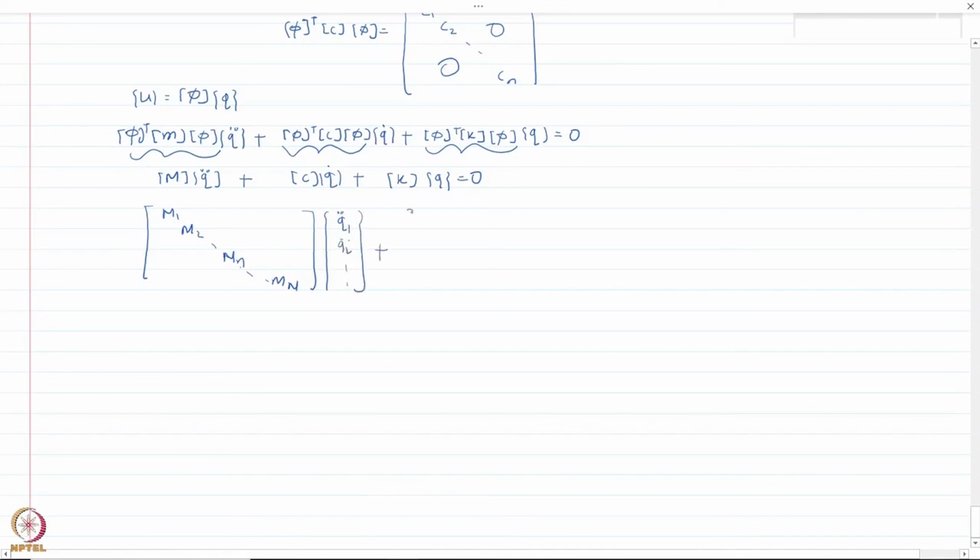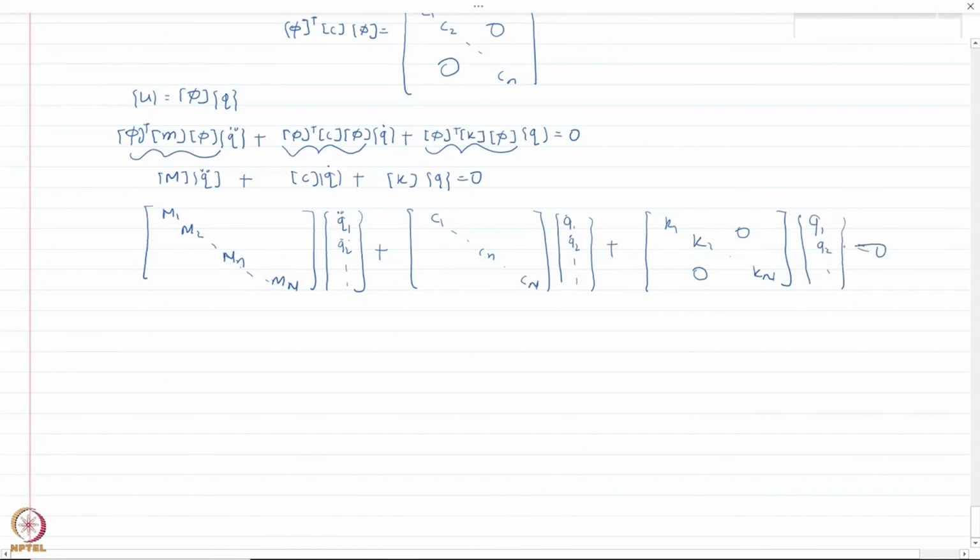Similarly c1, cn, q1, q2, plus k1, k2, okay, all these are uncoupled differential equations.